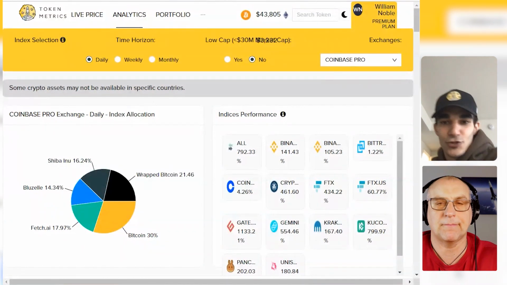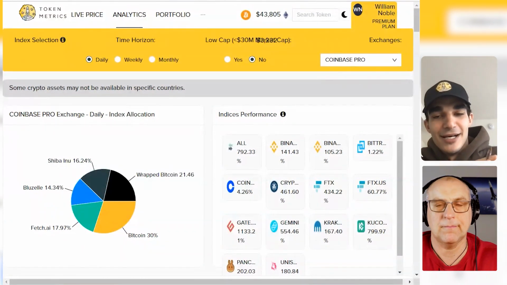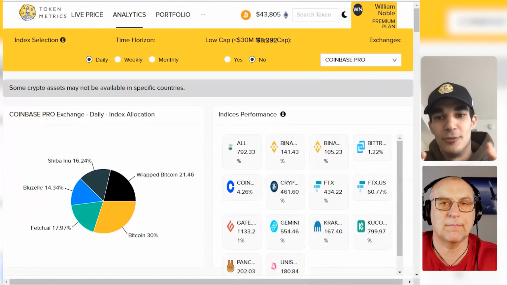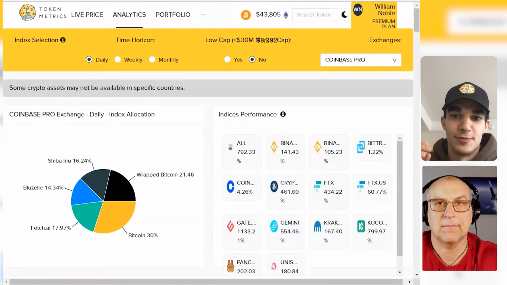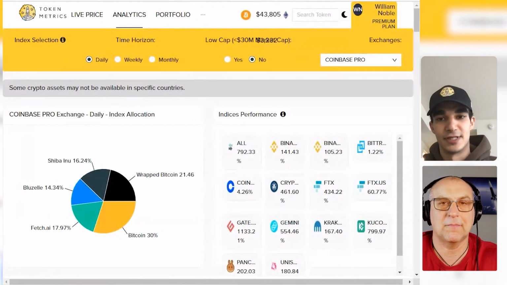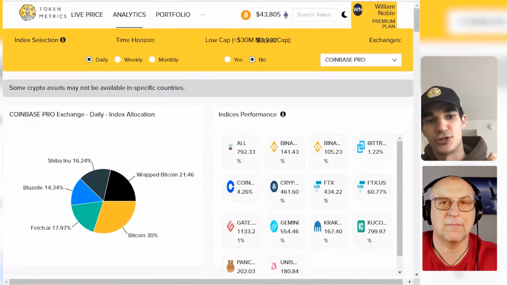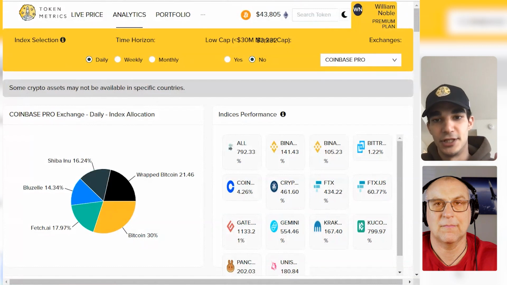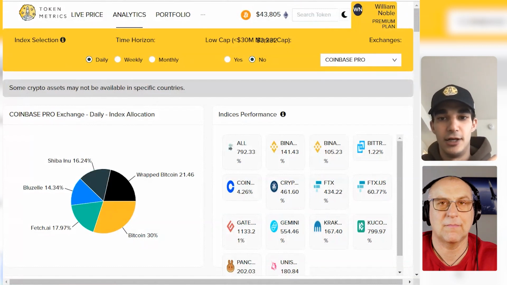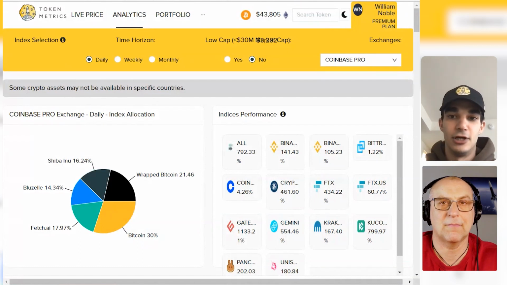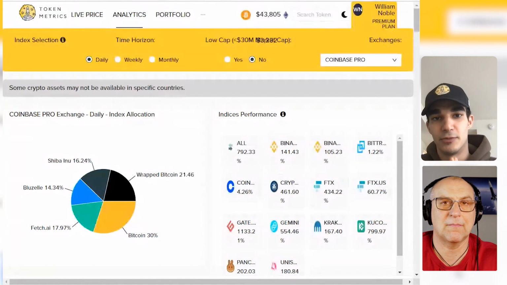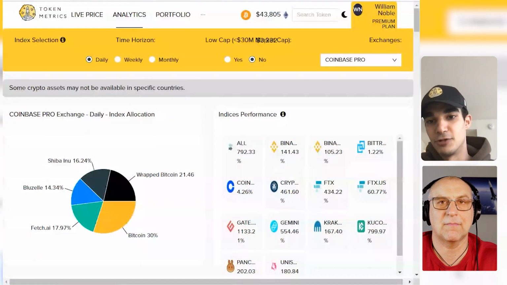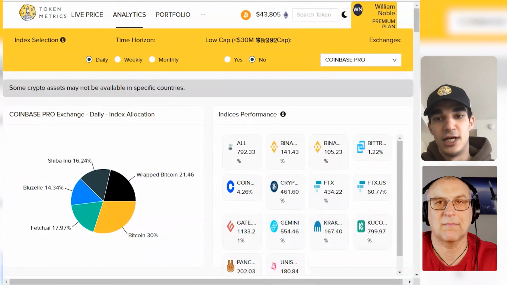All right. So the indices on our website are essentially a custom portfolio using a specific asset allocation model. When I say asset allocation, it's a portfolio construction model that tells you how much weight to put in each coin based on a lot of different data points we use at Token Metrics, mainly the TM grade, some diversification, and things like that.